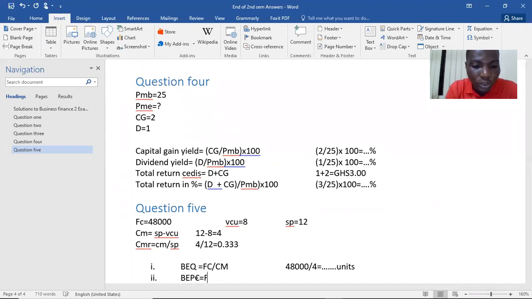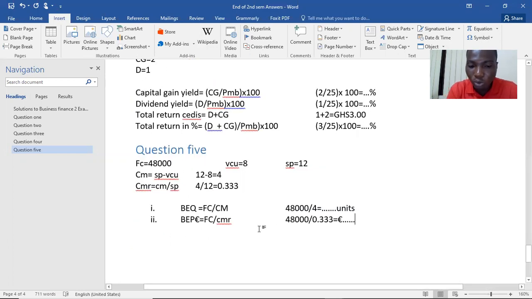So it's going to be the fixed cost divided by what? The contribution margin ratio. So 48,000 divided by 0.333. And the answer you are going to get should be in currency. These are very, very important. Your symbols, your currency sign, or your unit of measurement is very, very important.